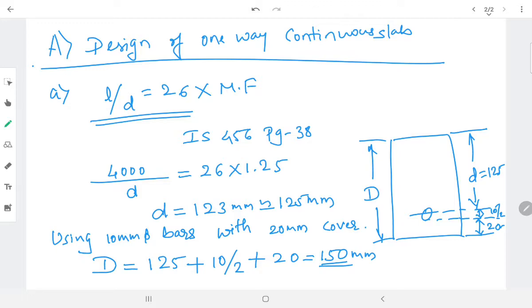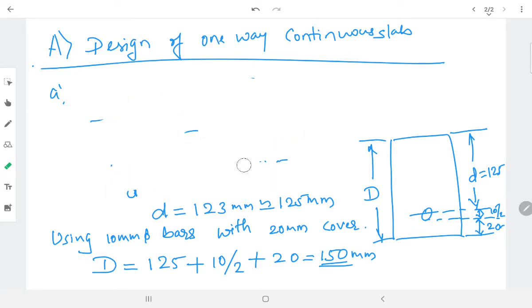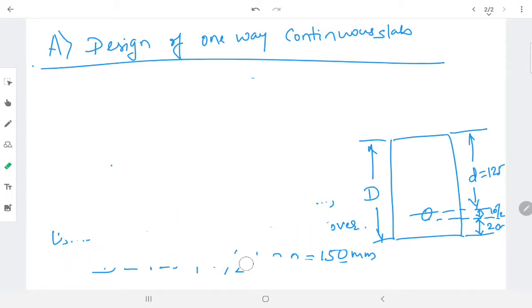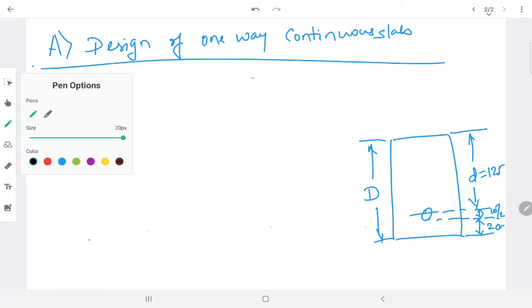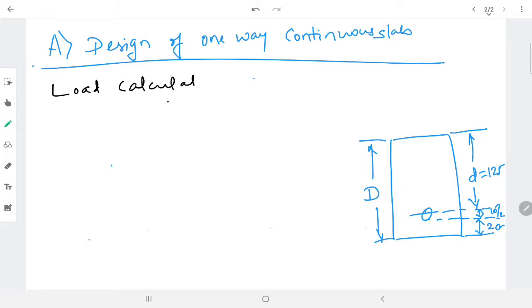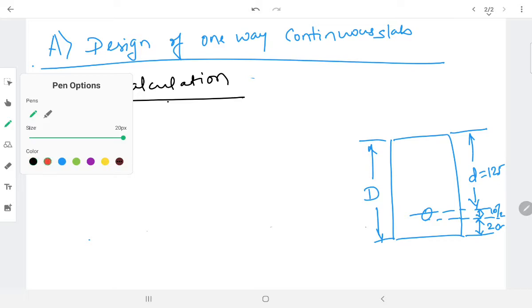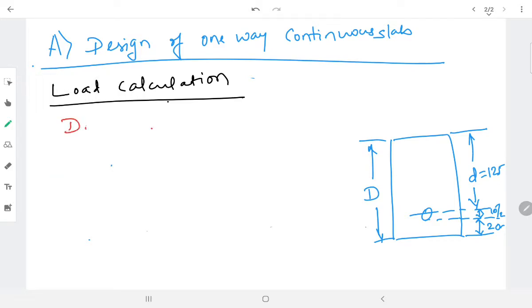Next step in this is load calculation. So here we'll calculate the load on the slab.